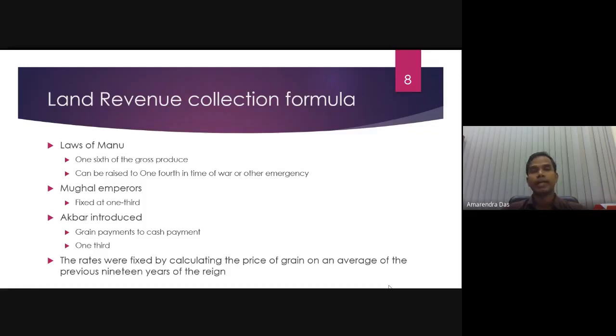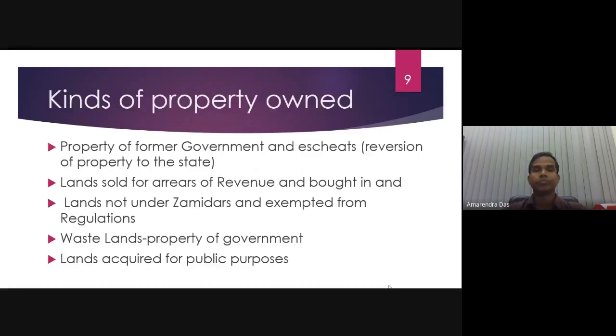You do not have to pay in kind; you can pay cash, and the rate was fixed by calculating the price of the grain on an average of the previous 19 years of the reign of the king. So that's how the land revenue was fixed in cash terms.